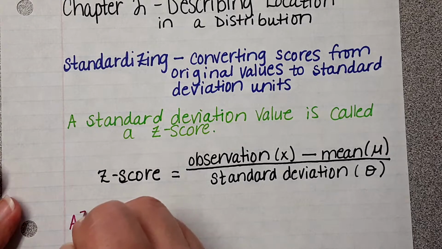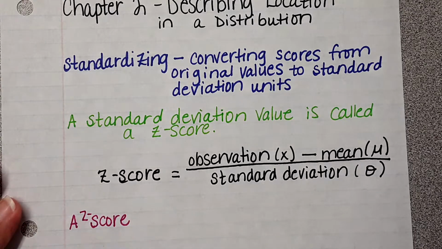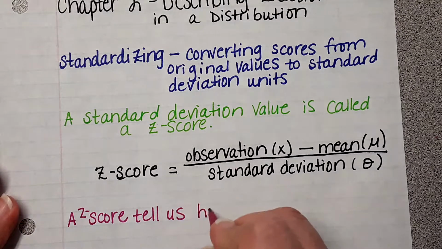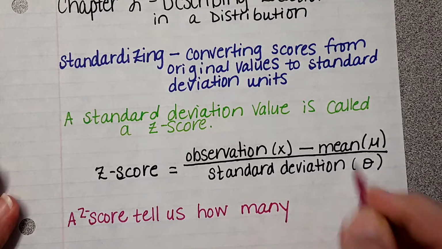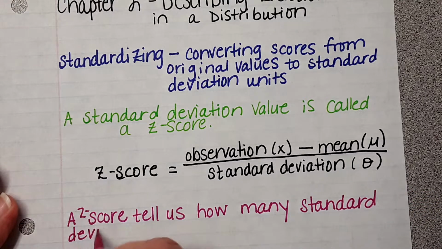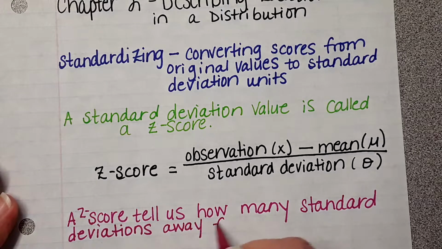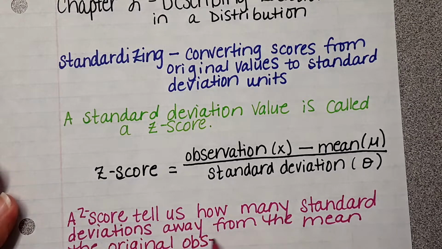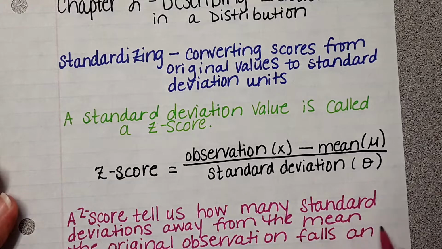A z-score tells us how many standard deviations away from the mean the original score or the original observation falls, and in which direction.